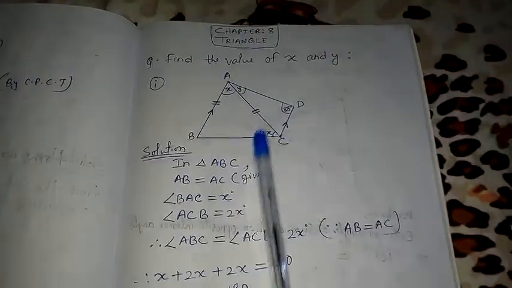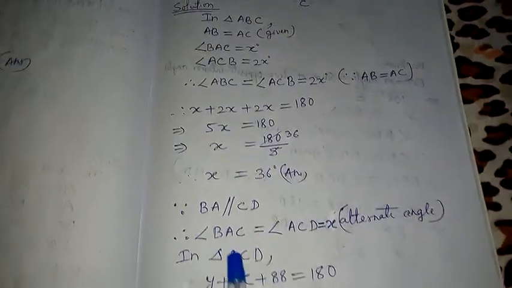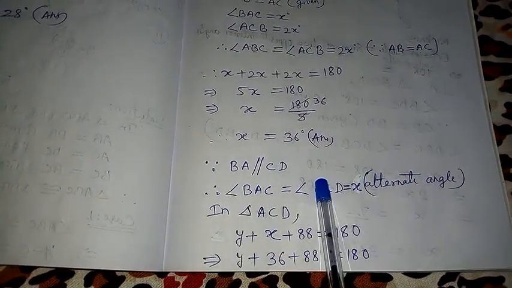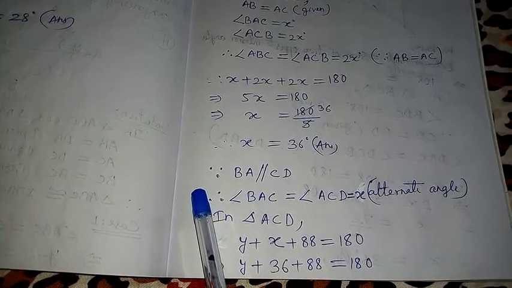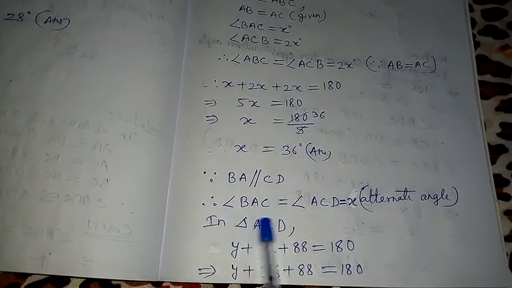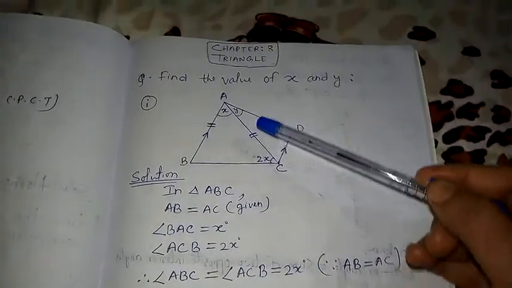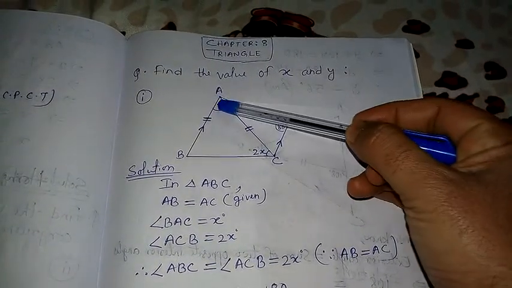Next, we'll try to find the value of y. Now, BA is parallel to CD. Whenever there is parallelism, there can be either corresponding angles or alternate angles, but here we have alternate angles.